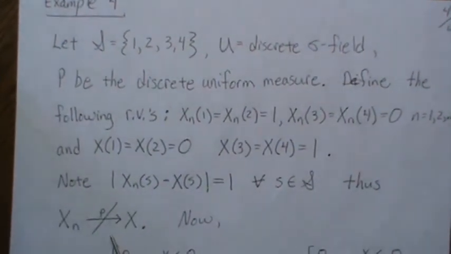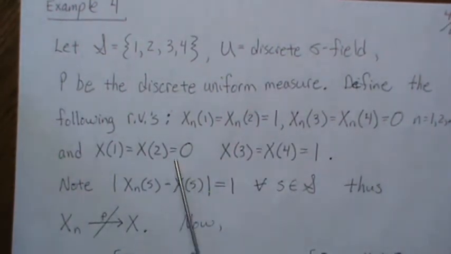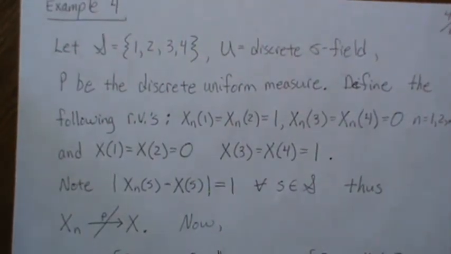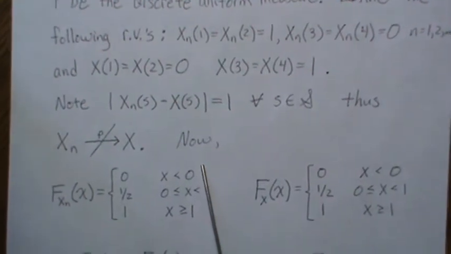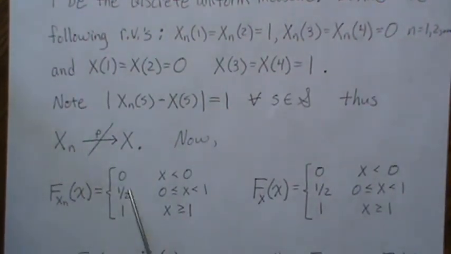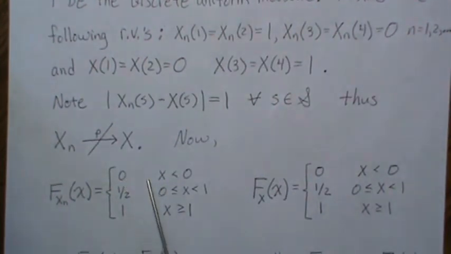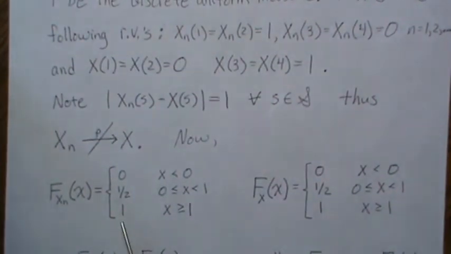So X_n does not converge in probability to X, because we can't make that arbitrarily small. It's always 1. But now if we look at the distribution function of X_n, it's 0 for x less than 0, it's 1/2 between 0 and 1, and it's 1 if x is greater than 1.